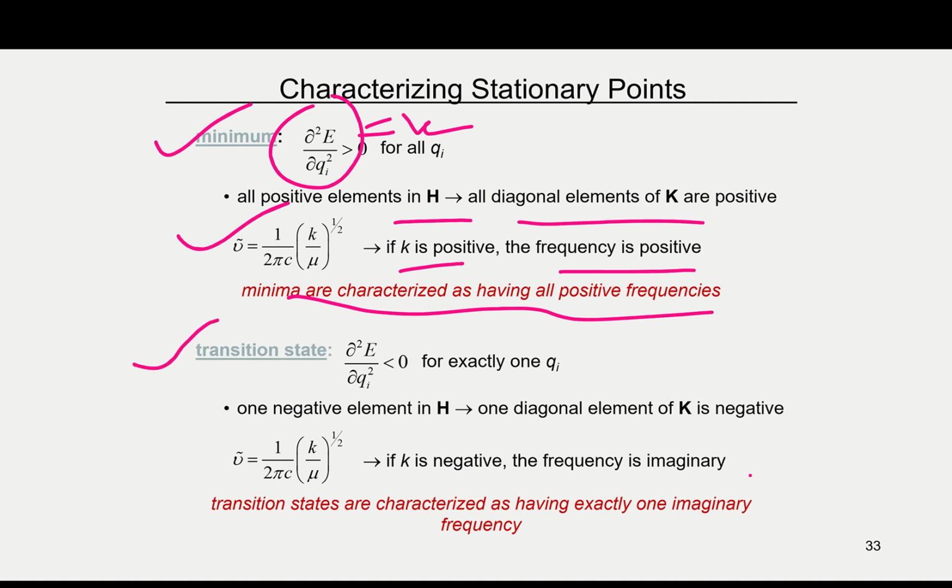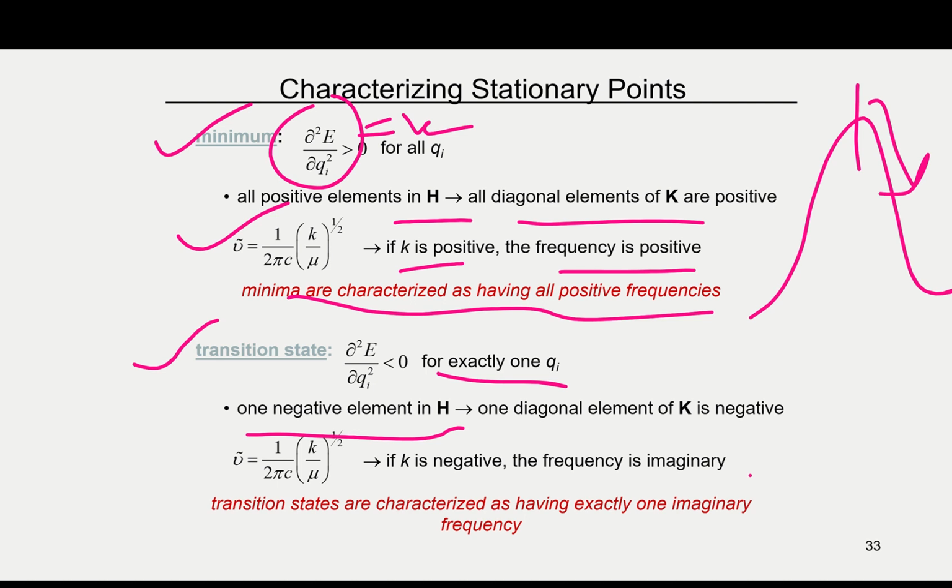Transition state. So we talked about that. For the transition state, this will be less than 0, like negative, for exactly one. You should remember this one. One negative element in the Hessian, one diagonal element of K is negative. It means one of the diagonal elements will be negative at this stationary point. We saw that if K is positive, the whole frequency will be positive.